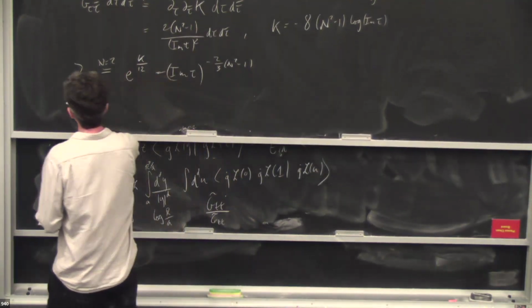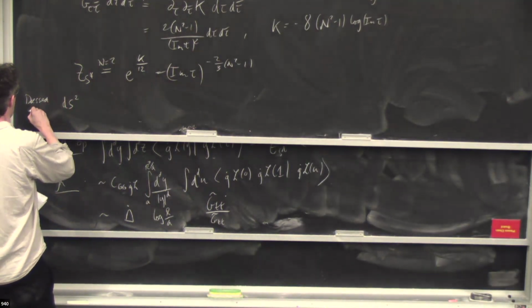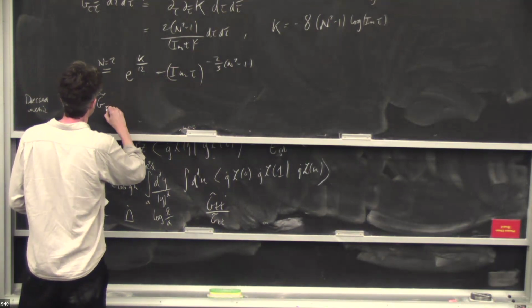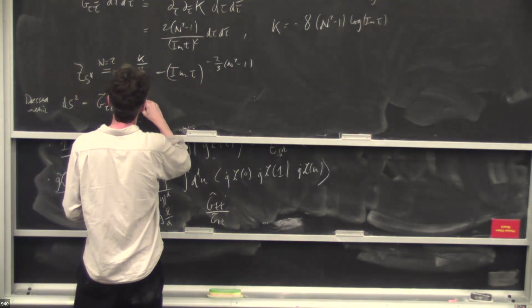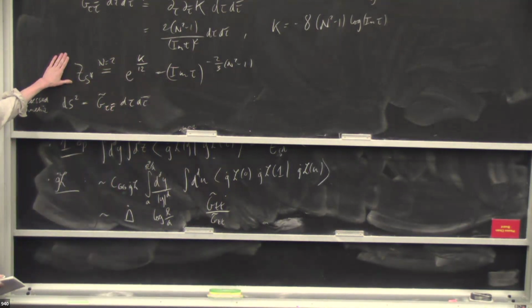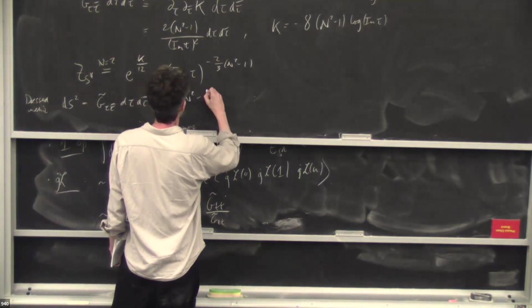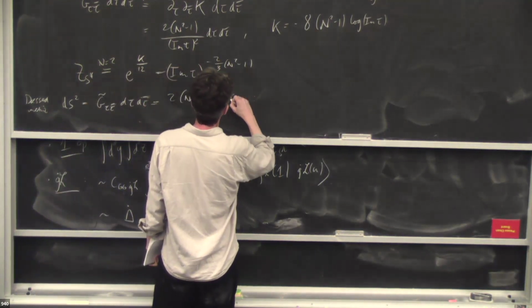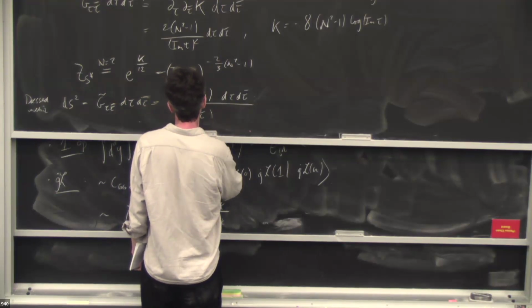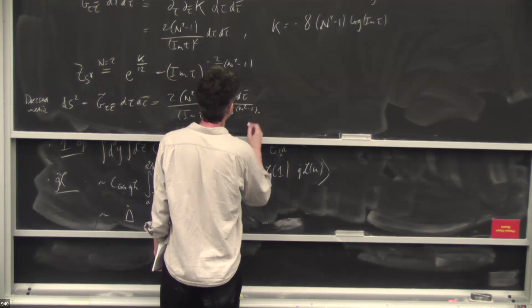So now you have all the ingredients, you can write down this detailed metric. It's the product of the four-sphere partition function and the Zamolodchikov metric. So it's given by 2(N squared minus 1) dτ dτ-bar divided by the imaginary part of tau to the power 2 plus 2/3 (N squared minus 1).